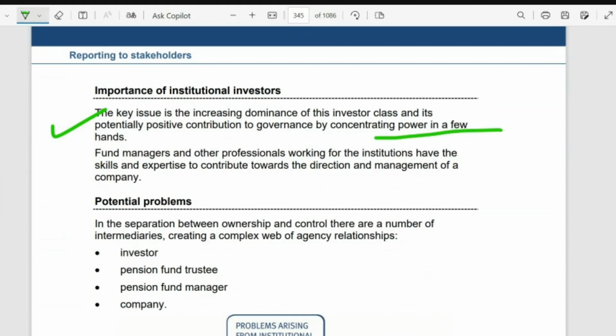They have fund managers and other professionals working in the institution with the skill and expertise to contribute towards the direction of the management. The potential problem is the separation between ownership and control. There are a number of intermediaries creating a complex web of agency relationships, like investor, pension funds, and trustee.